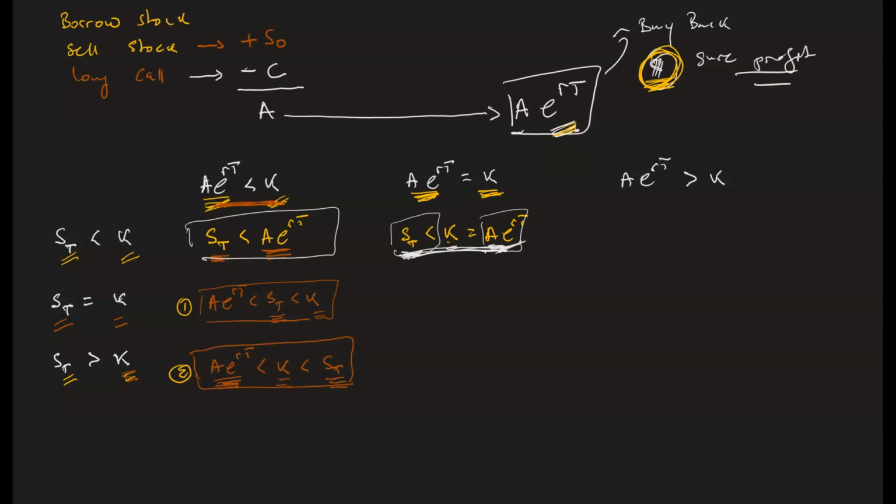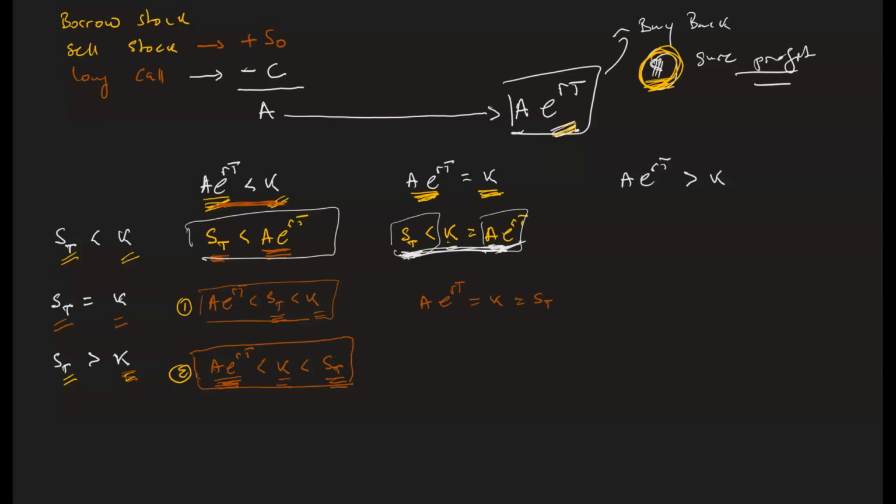Now, what if the stock price is equal to the strike price? Well, in this case, the future value of our account is exactly equal to the strike price, and that's also exactly equal to the stock price.